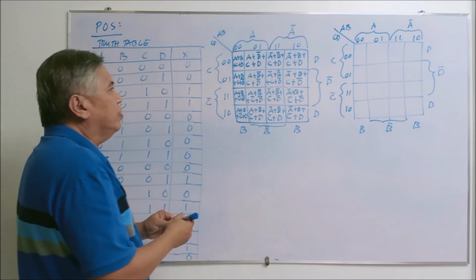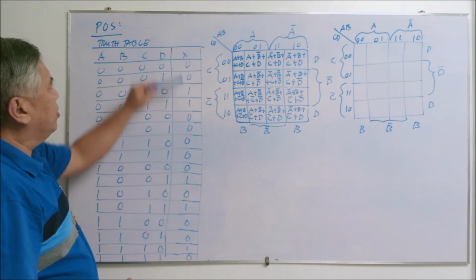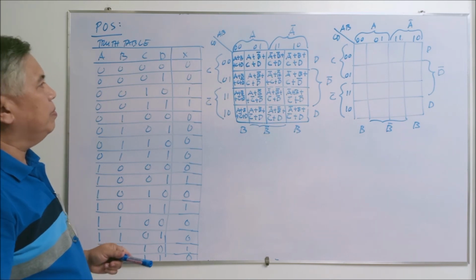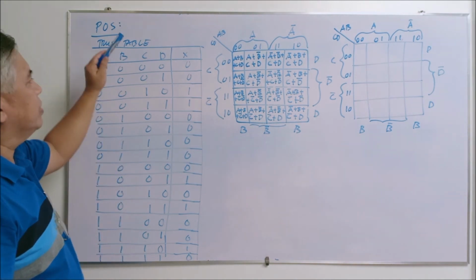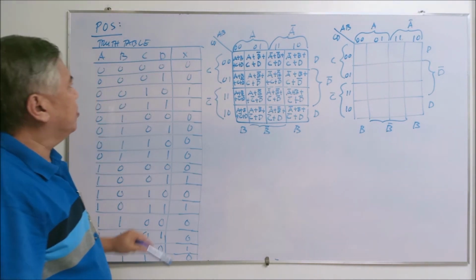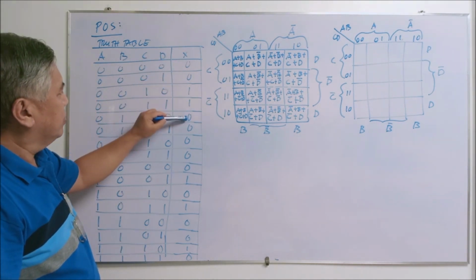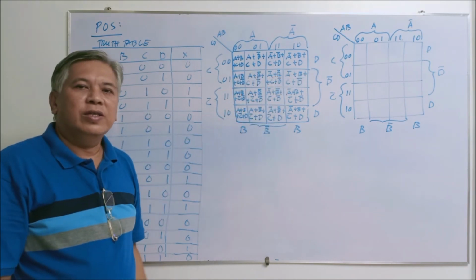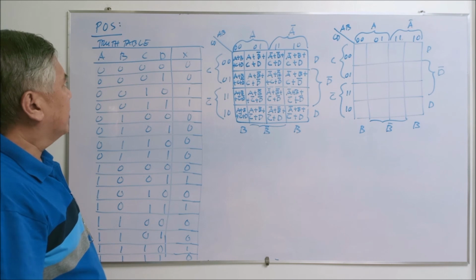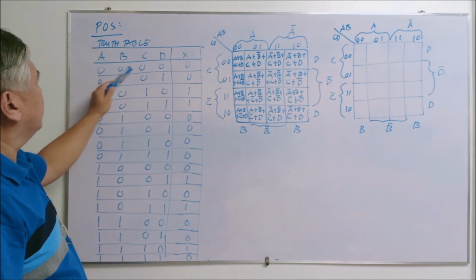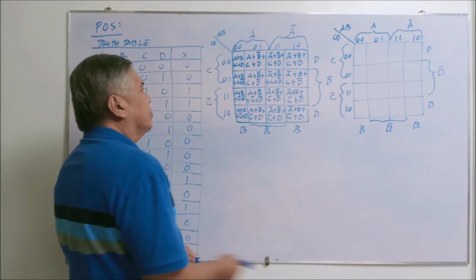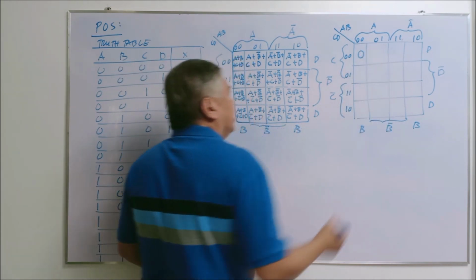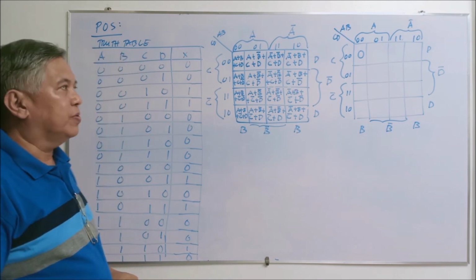Next is to locate the value of X here in our map. This time, since this is POS, we consider the value of X equal to 0. So we locate where the zeros are located in your map. For 0, 0, 0, 0, X is 0, so you place a 0, not 1, but 0.